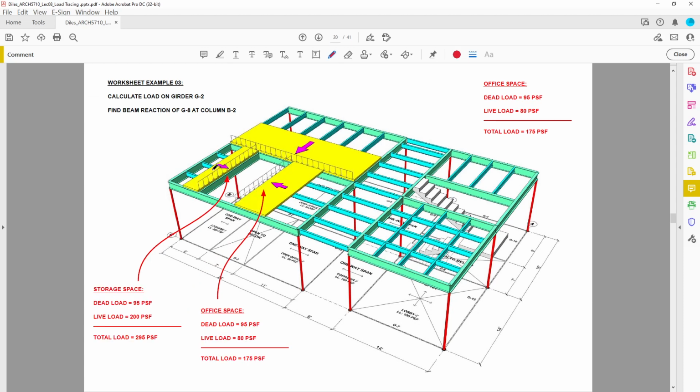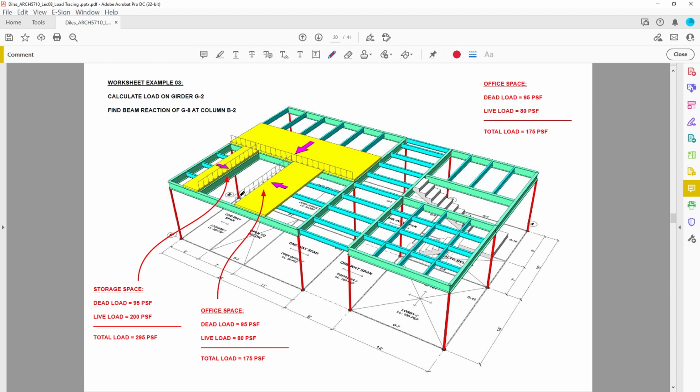So each of these girders will have their own tributary areas, right, producing point loads along the top. They're different types of spaces. This one is a storage space, so it has a higher live load. So we have a total load of 295 pounds per square foot for that space. And then this one is another office space, so it has the same 175 pounds per square foot total load.